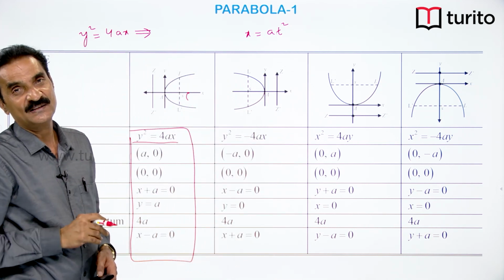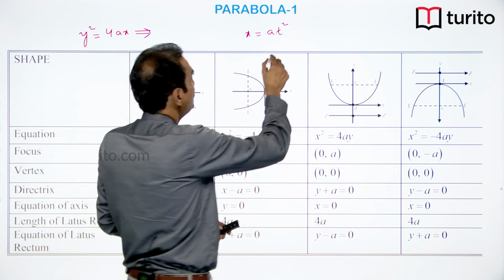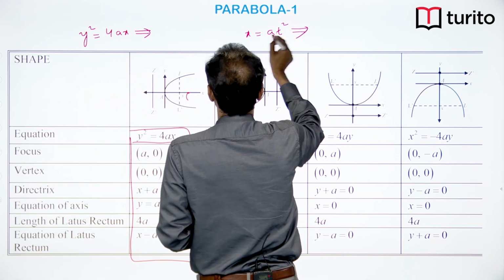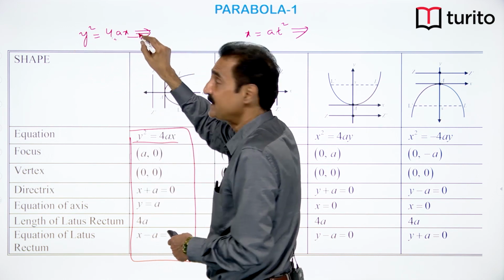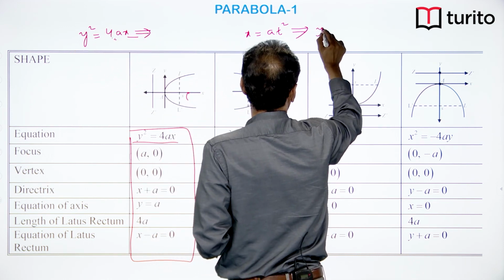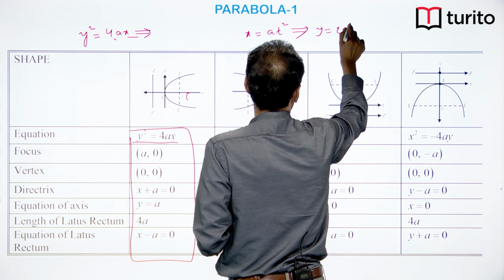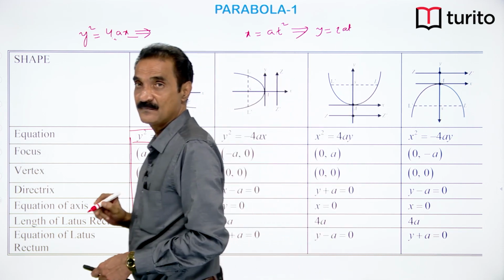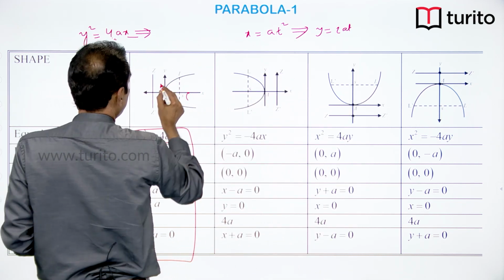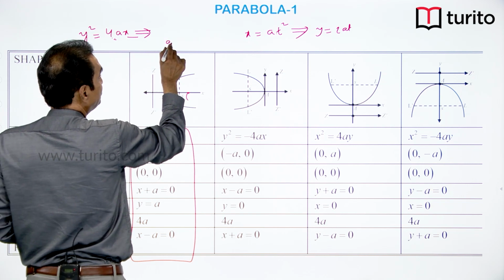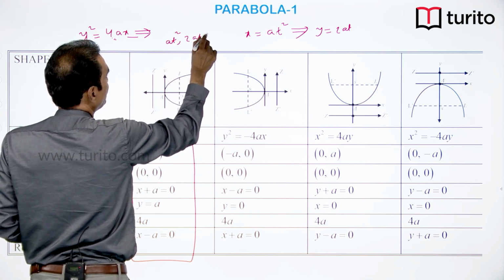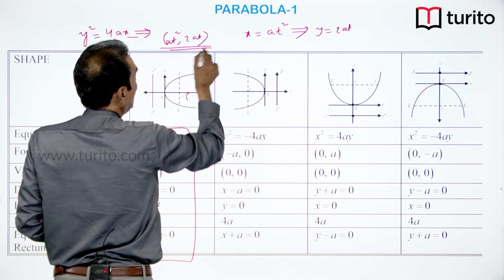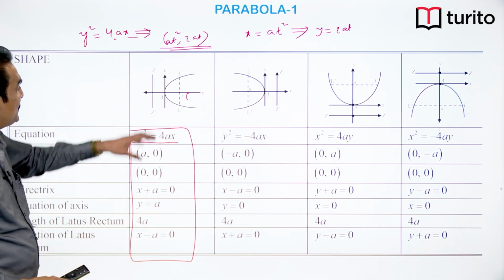So, if you assume that x is at square, then you will get 4a square t square. If y square is 4a square t square, then y will be 2at. So, we get the point at square, 2at. For any value of t, the point lies on this parabola.